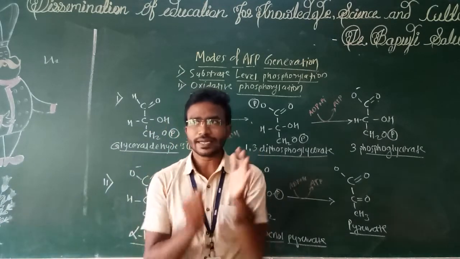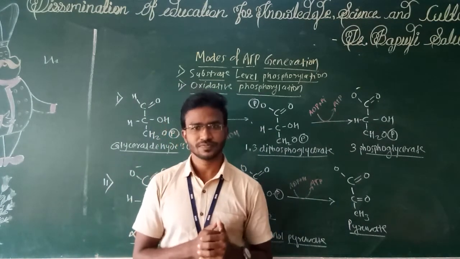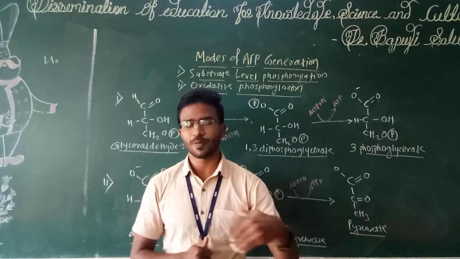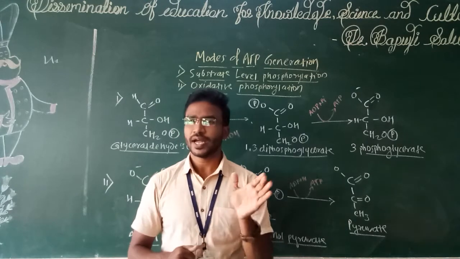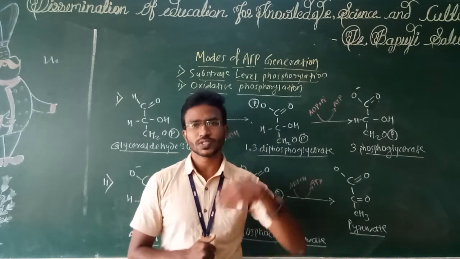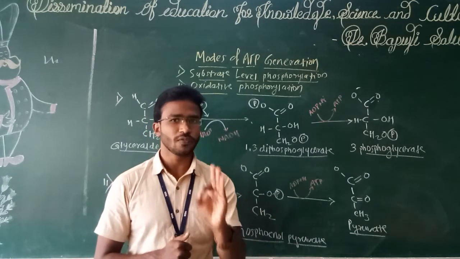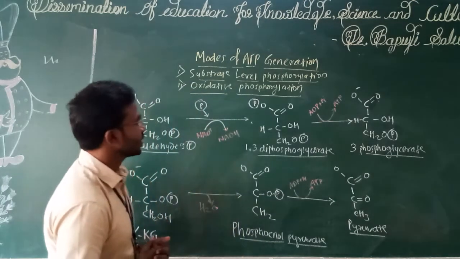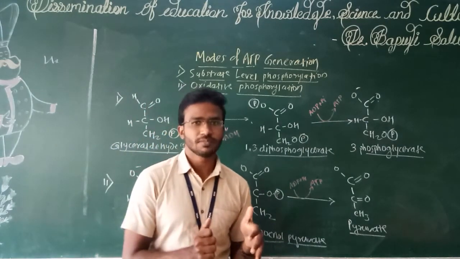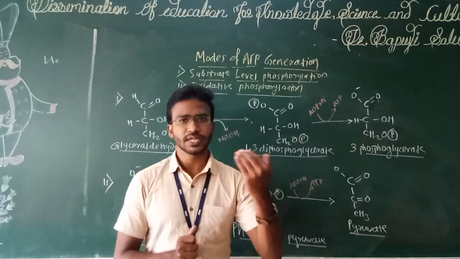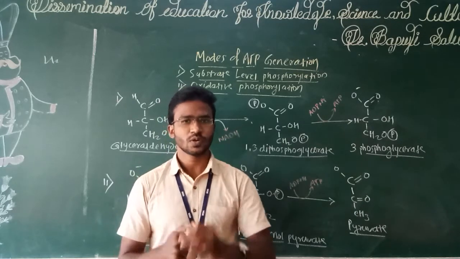So कुठल्याही कॅटाबोलिक पाथवे मध्ये जेव्हा एखादा सबस्ट्रेट असेल, that substrate is oxidized, that releases energy in the form of electrons. Those electrons flow in the electron transport chain, and during the flow of electrons protons are released, and that is responsible for generation of ATP. That mode of ATP generation is called oxidative phosphorylation. So during catabolism of any substrate, energy is released and stored in the form of ATP, known as oxidative phosphorylation.